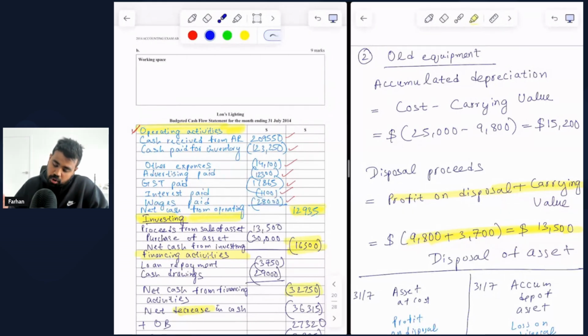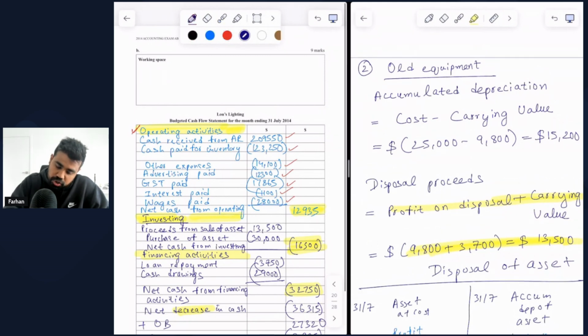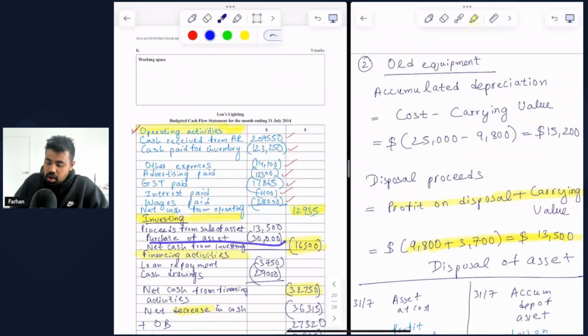Then a very important one is actually the purchase of asset, which is the purchase of equipment for $30,000. Because this purchase refers to an outflow, which caused the bank balance to decline significantly. And this purchase refers to the purchase of a non-current asset, which is definitely not the case when we find the net profit for the income statement.